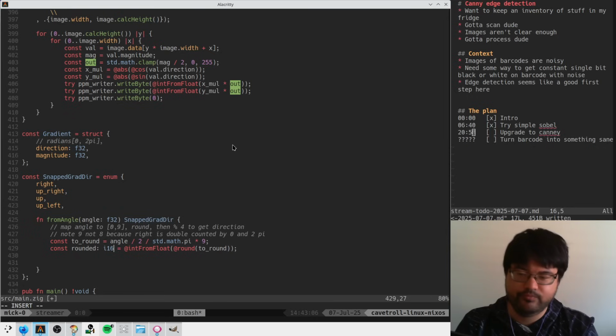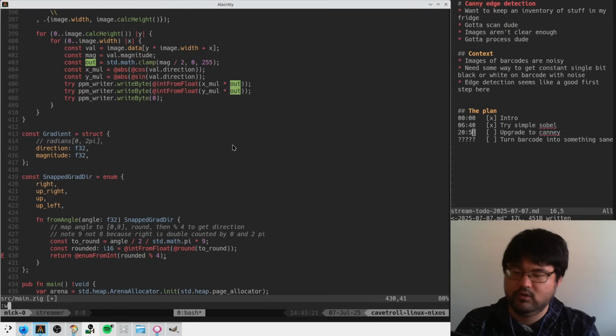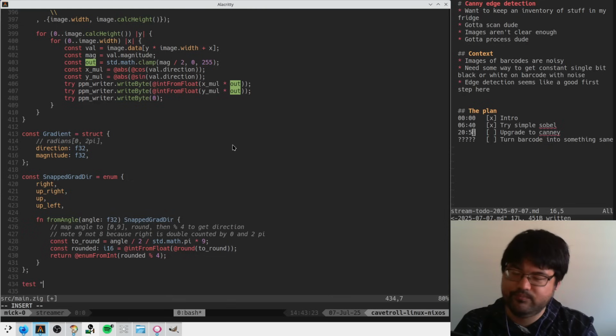I don't know. And then rounded %4. And can we do like enum from int? Okay. Can we right click test for this?